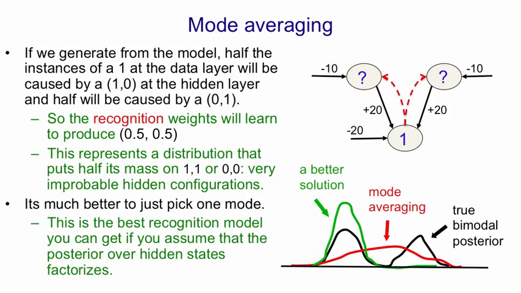So even though the hidden configurations we're dealing with are best represented as the corners of a square, I'll actually show it as if it was a one-dimensional continuous value. And the true posterior is bimodal. It's focused on 1, 0 or 0, 1. That's shown in black. The approximation we'll learn, if we use the sleep phase of the wake-sleep algorithm, is the red curve, which gives all four states of the hidden units equal probability.